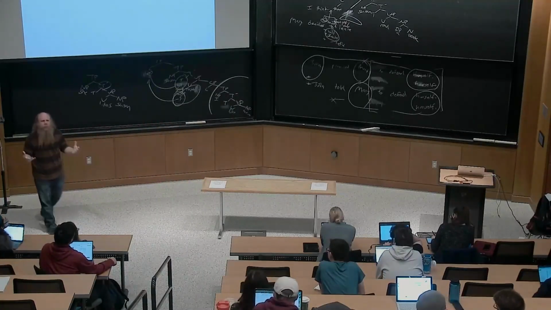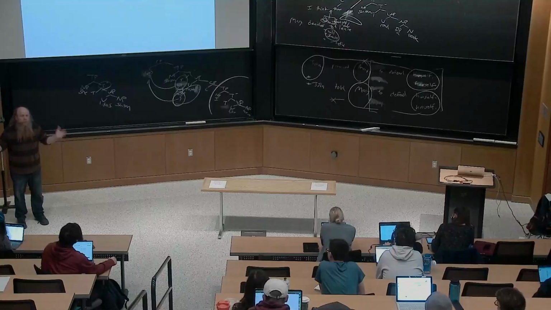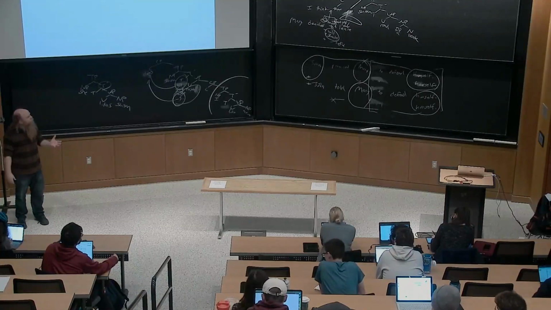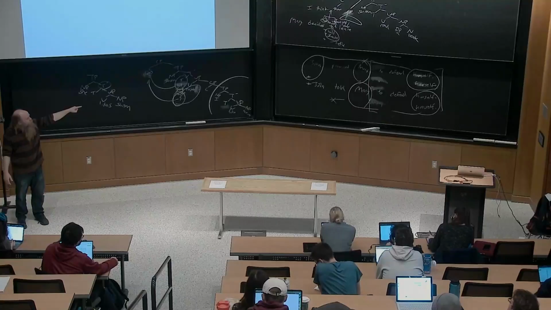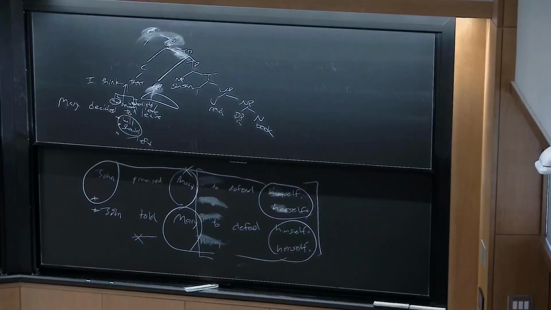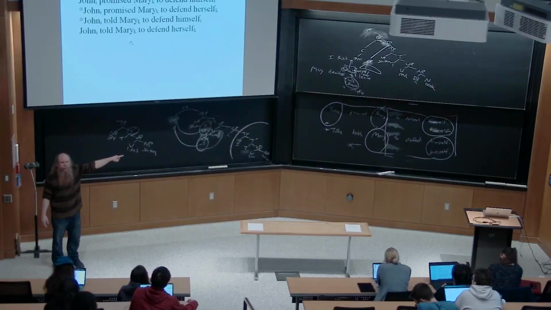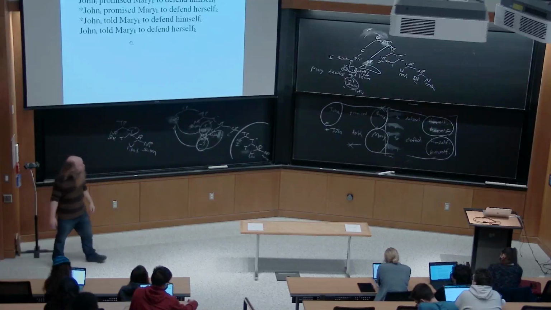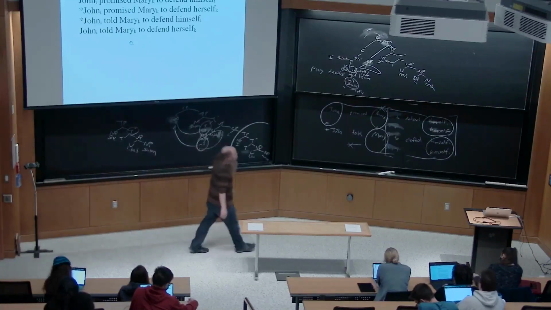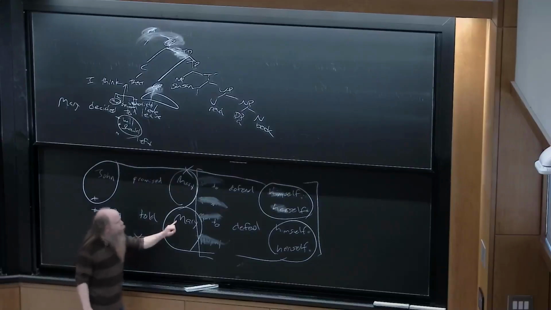So far, our conditions just say anaphors have to get bound by something that's close enough to them, that co-refers with them. But if John is close enough to that anaphor position, well, then surely Mary is. Mary is closer. There's no way to do that. We'd have to come up with something very complicated. And the second set of examples is also going to be kind of hard, because Mary is the object of told.